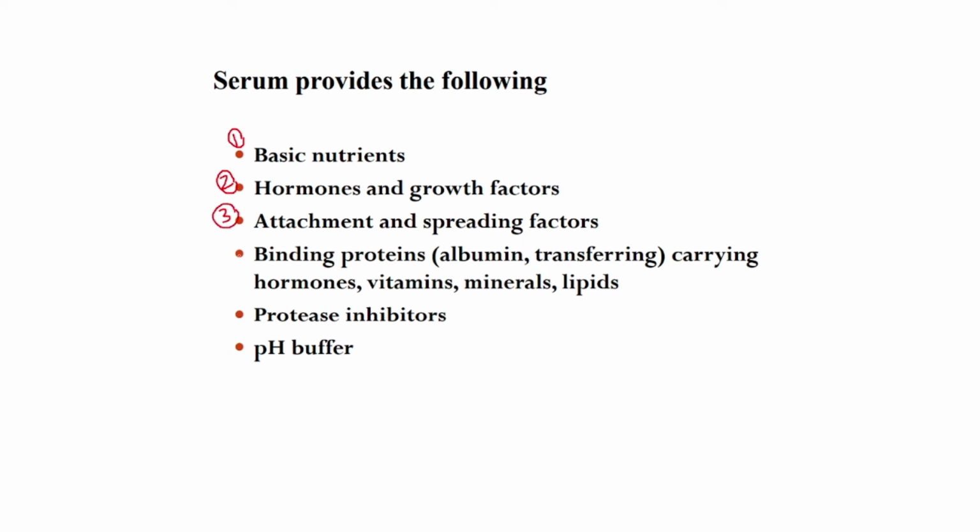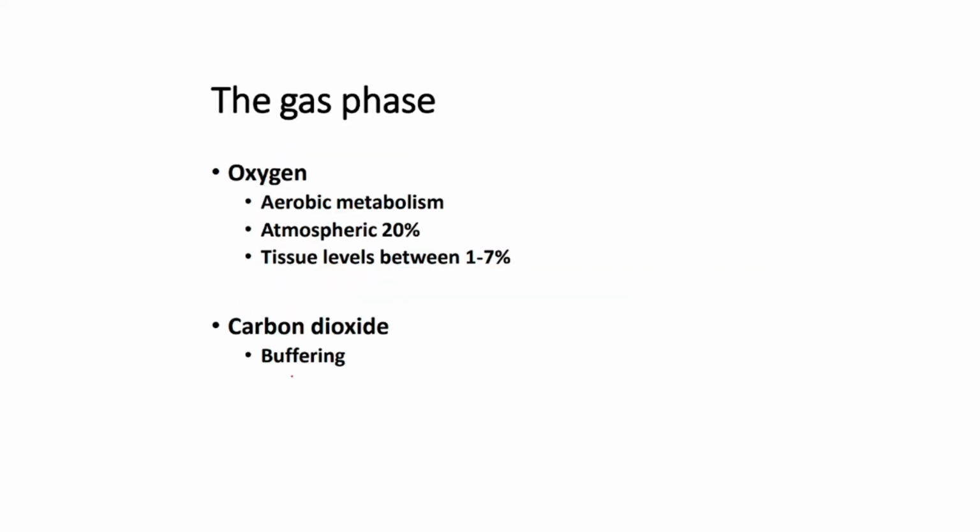Binding proteins, why? Because mammalian cells need some proteins to bind to the extracellular matrix because they are adherent cells. So these binding proteins are also provided by the serum. Some protease inhibitors are also provided, because when you are providing some binding proteins you have to inhibit proteases, otherwise they will destroy the binding proteins. And it also helps in maintaining the pH, that is, it also acts as a pH buffer.